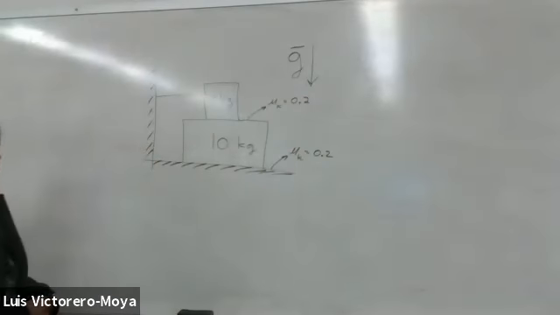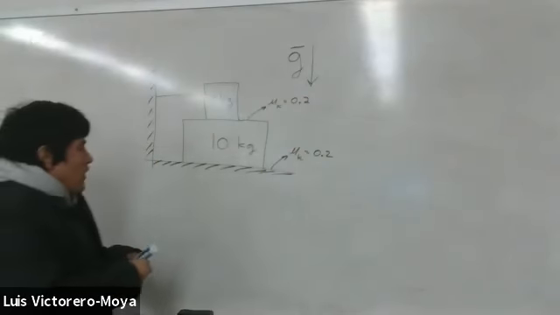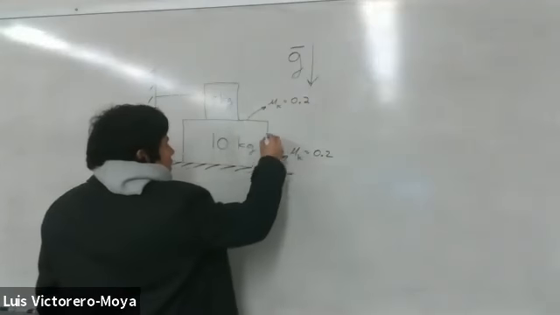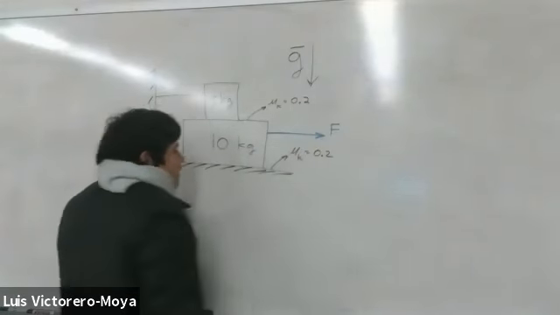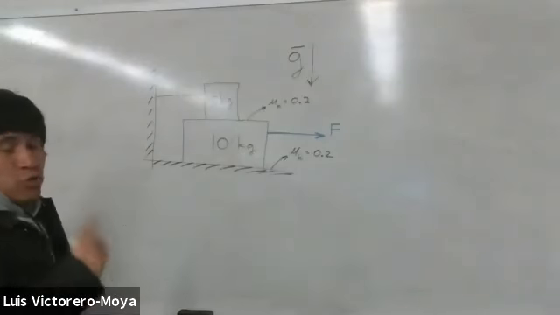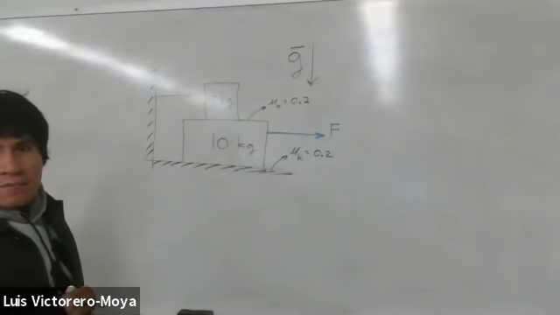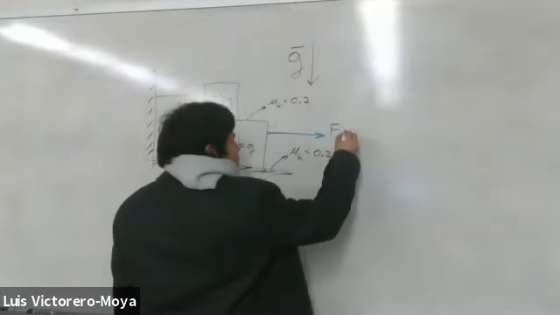All right, that's an interesting problem. And on top of that, they give you a force. So here's where you have to do your forces diagram. Let's make the force 15 newtons.